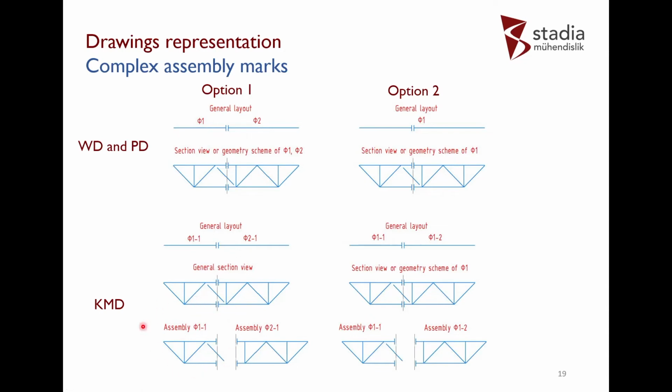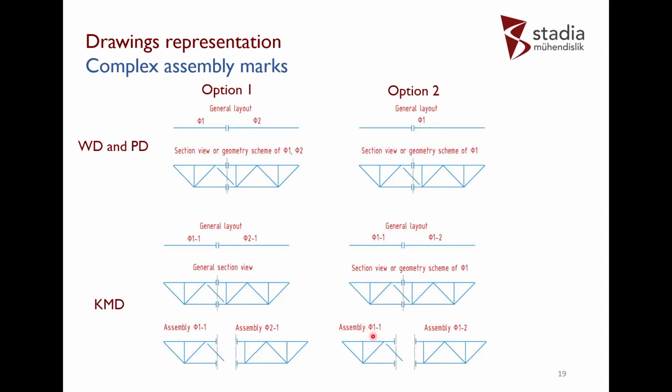And here we can show, for example, if we divide this mark into two different assemblies in KMD, we will represent it as separate marks, and one part will be F1-1, another one will be F2-1. But here it will be different.